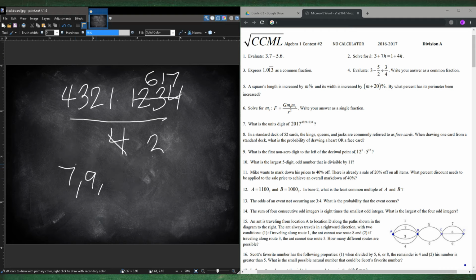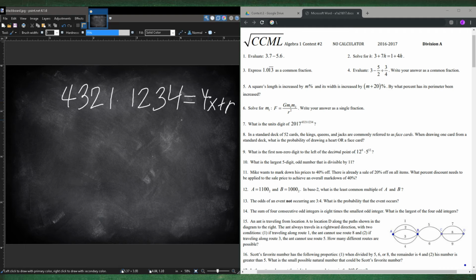So we just need to find out what is the remainder, basically. How would this work? It will equal a 4x plus some kind of remainder. So 4,321 times 7,046 minus the remainder, divided by 4.